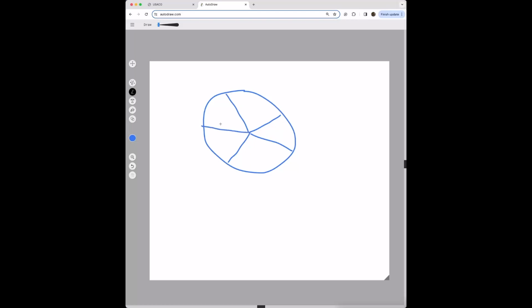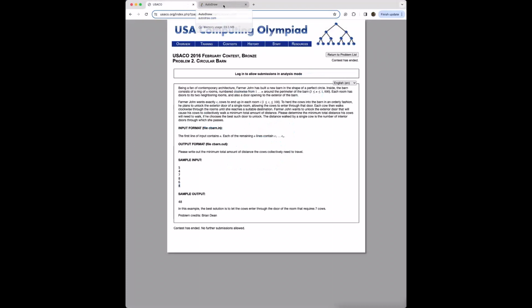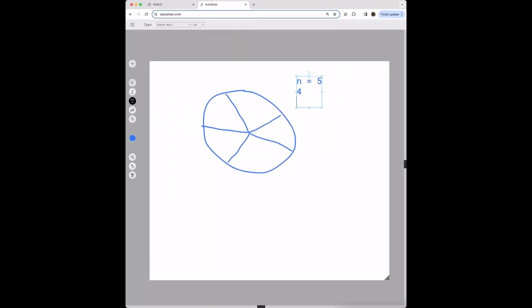Let's label it: this is room 1, 2, 3, 4, and 5.